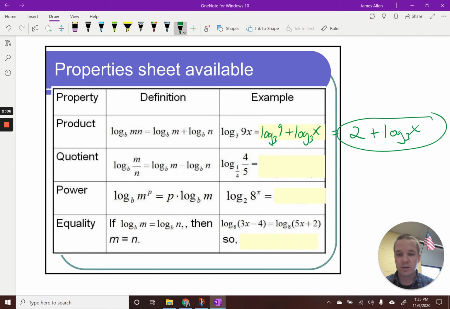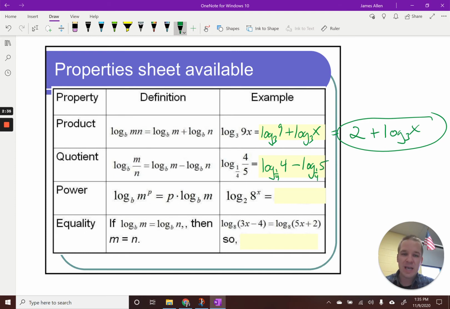All right, quotient. When we're dividing, we can expand that to subtraction. Much like when we're dividing like bases, we subtract the exponents. So I'm going to have log base 1/4, what a terrible base, of 4 minus log base 1/4 of 5.